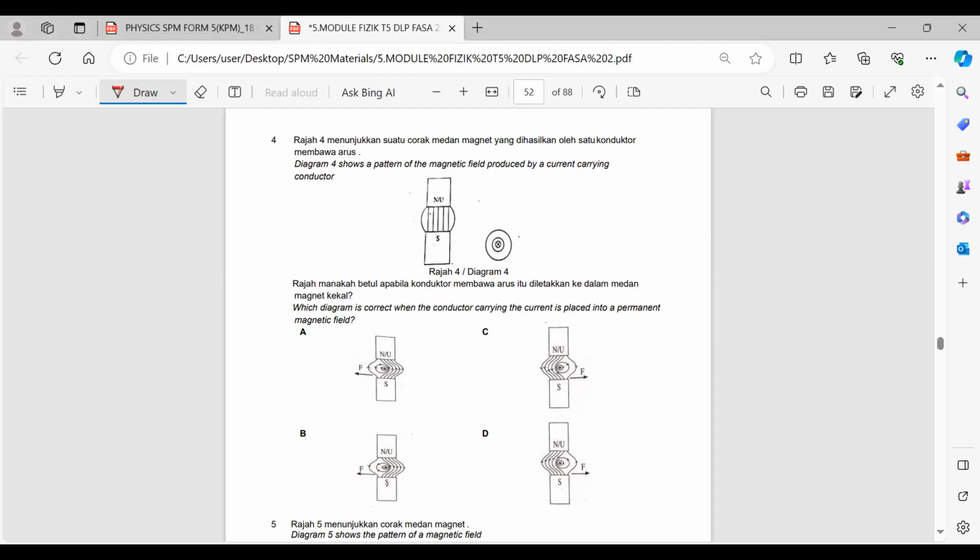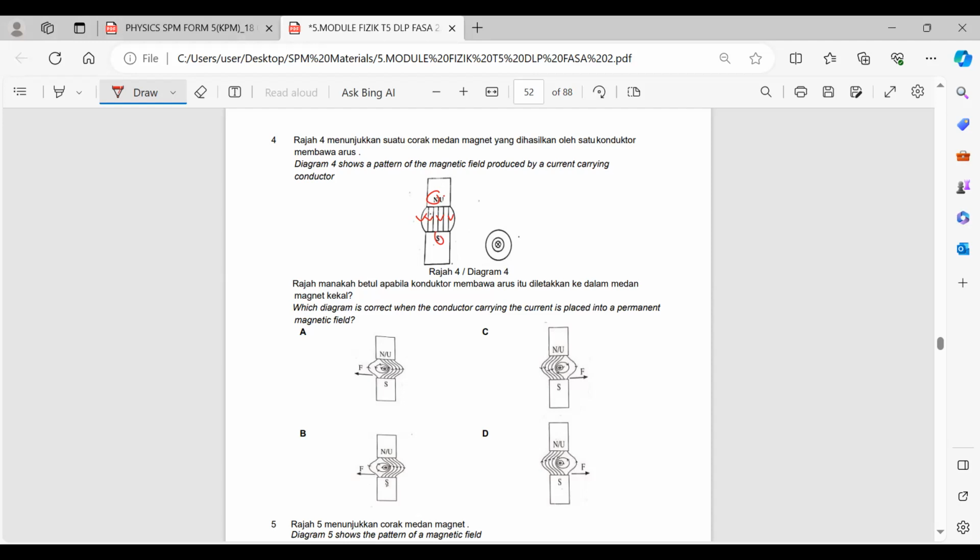Diagram 4 shows a pattern of magnetic field produced by a current carrying conductor. So this is north, south. Magnetic field should be downward. And this one, the current is flowing into the page.